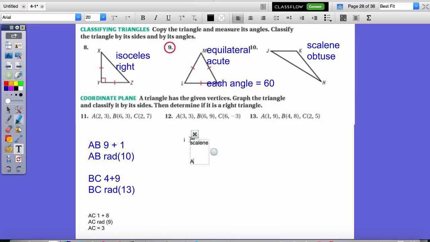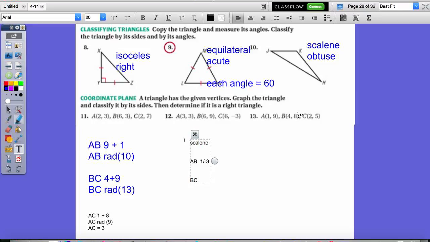Now let's look at the slope. I'm just going to do this over here, have a little more room. So the slope of AB, your change in y is 9 minus 8 is 1. Your change in x, 1 minus 4 is negative 3. So AB, your slope is negative 1/3.